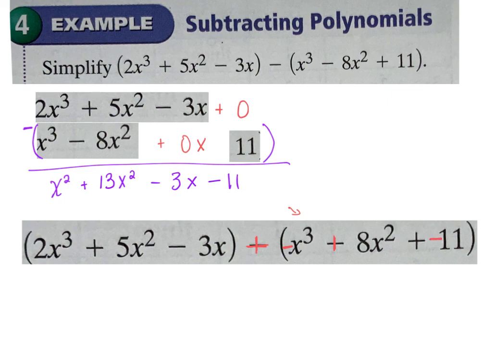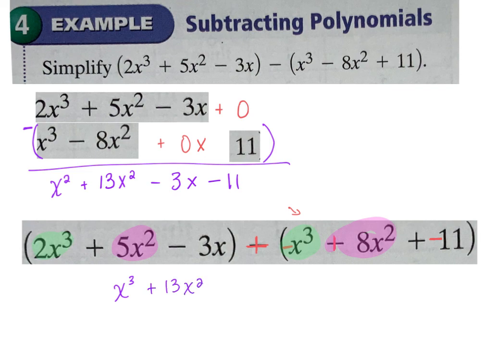And then you can just add your like terms like we did before. So you can say I have 2x cubed and a negative 1x cubed. So that will give me a positive 1x cubed. I have a positive 5x squared and a positive 8x squared. So that will give me my 13x squared.